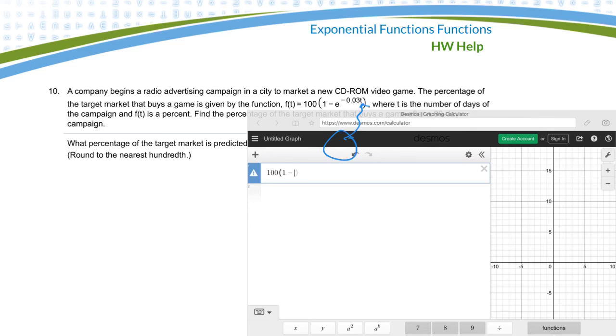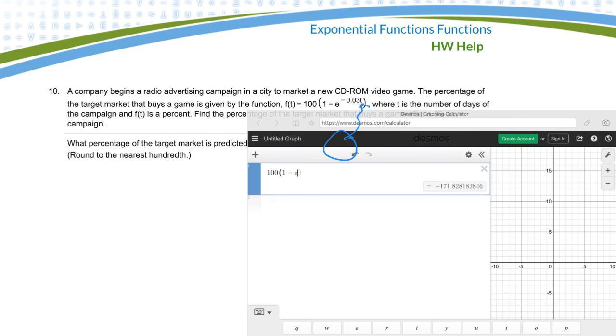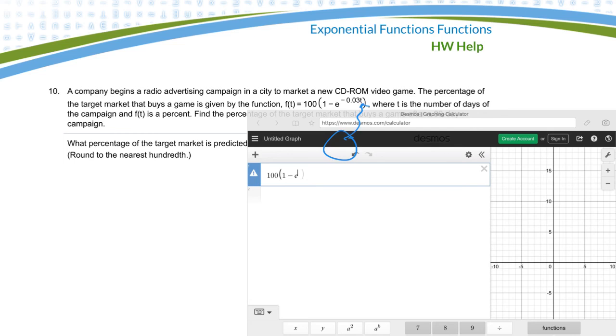Okay, 1 minus e to the, in brackets, negative 0.03, and then times t was 30. 30, there we go.